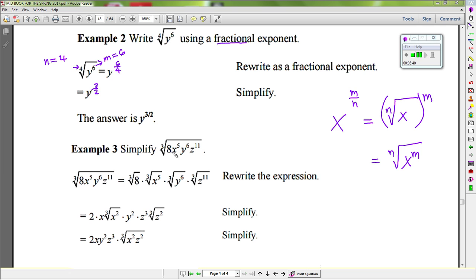Under the radical there are 4 factors, so you break this into 4 factors with the same root. So you have cube root of a, cube root of x to the power 5, cube root of y to the power 6, and then cube root of z to the power 11.